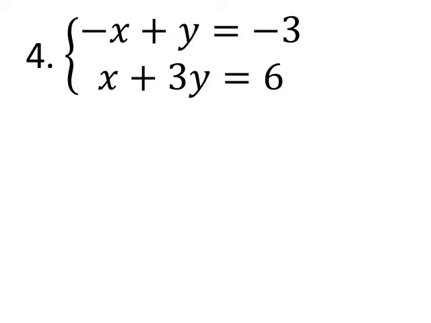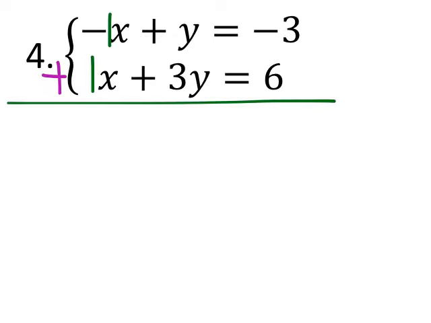Alright, number 4. I'm going to go ahead and use elimination on this. And if I choose to eliminate the x's, we can see that that's a negative 1x. That's a positive 1x. So if I add these together right away, those will eliminate. They're the same coefficient, just opposite of x. So these eliminate.